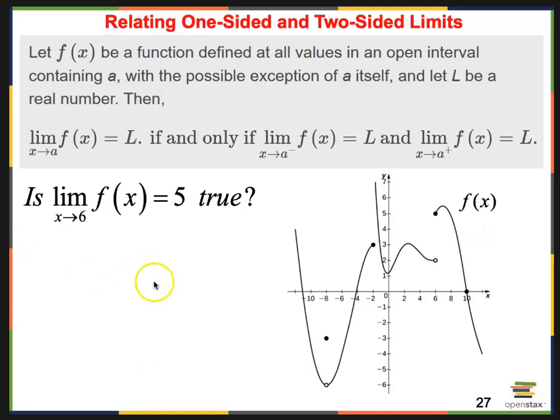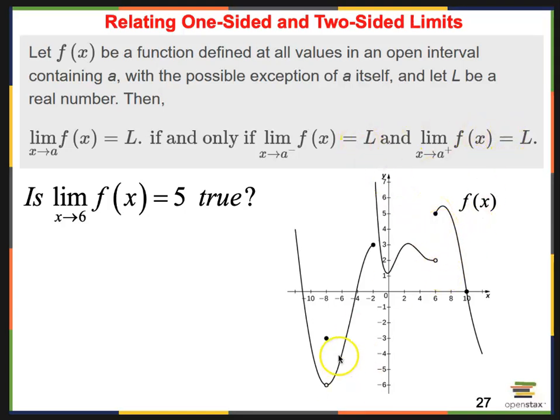So let's look at our function here. Is the limit as x approaches 6, and there's no plus or minus, so this is from the left and right, does it equal 5? Is that true? Well, let's look at that. Remember, from the left, our limit, our L, was 2. From the right, it was 5. Well, are those two equal to each other?